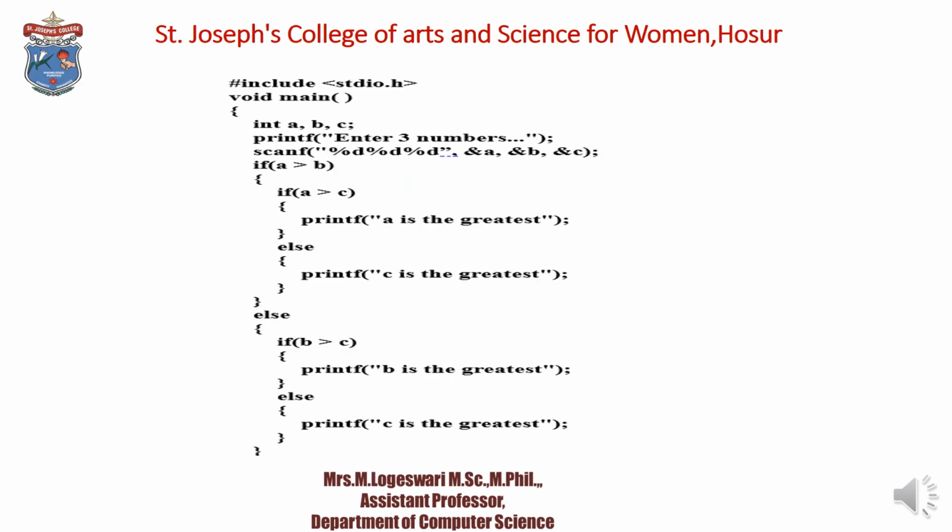Okay, example program here. There are three variables. scanf gets the input from the user: a value, b value and c value. Suppose a value is 10, b value is 5. The condition is checked, a greater than b. This condition is true because a value is 10, b value is 5.